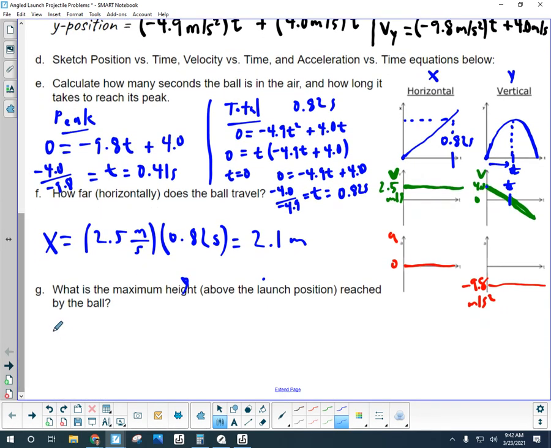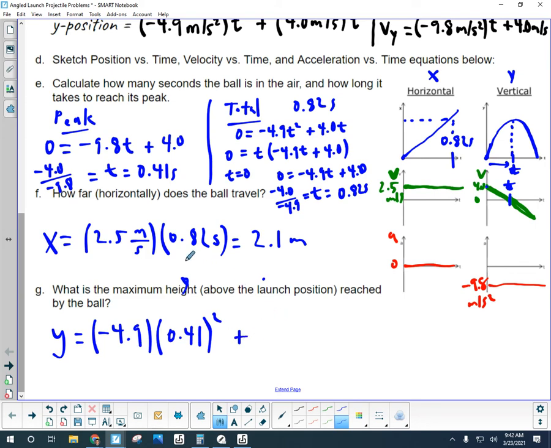So I'm going to go back to my y equation, negative 4.9. That's meters per second squared. I'm taking the half flight time, squaring it. So meters per second squared times seconds squared would go to meters.